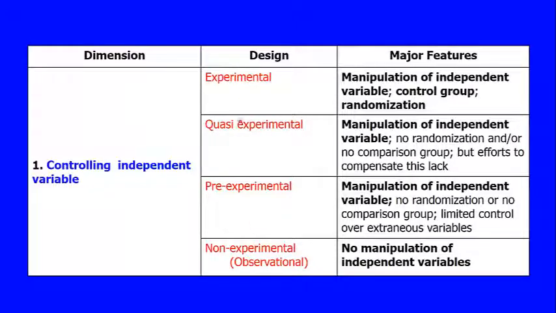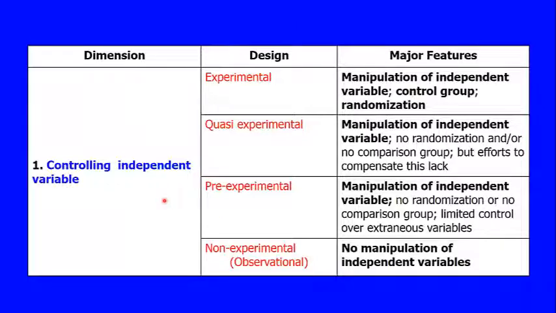So in these three, we have control on the independent variable or intervention. Here we don't have. If we don't have any intervention or control on the independent variable, this is called observational or non-experimental. No manipulation of the independent variable.